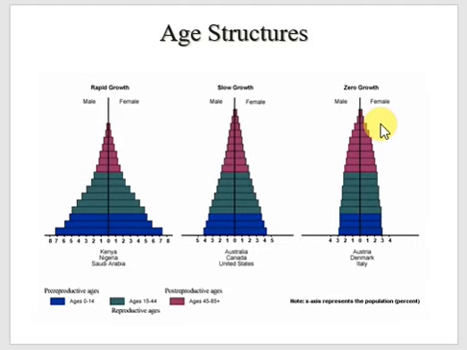So if birth and death rates are equal, your population remains stable. However, if birth rates exceed death rates, then you will have an increase in population size. So it would be more representative of this rapid growth that you see in a lot of the developing nations.